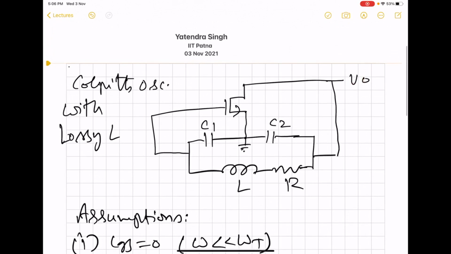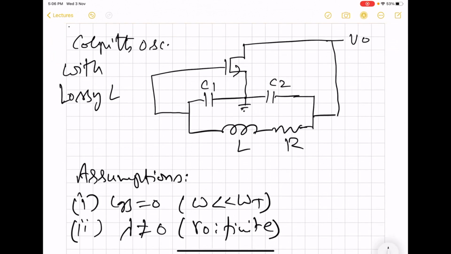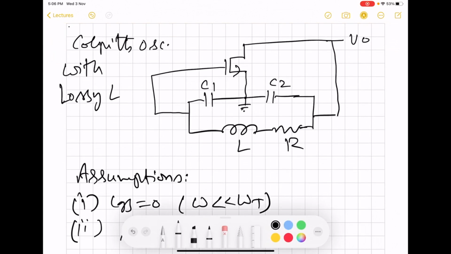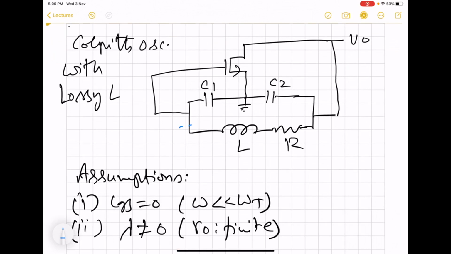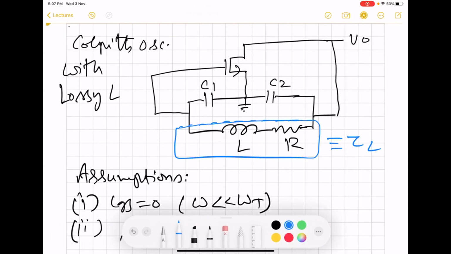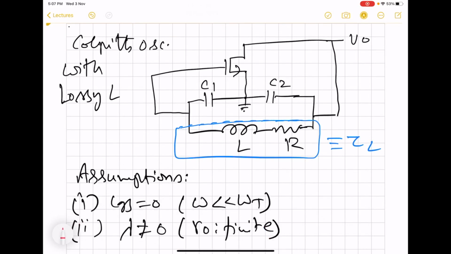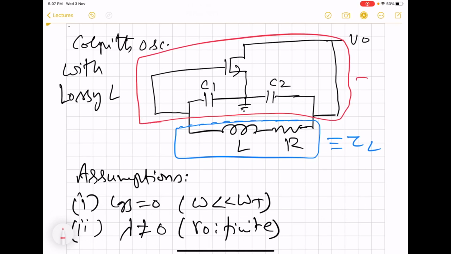So now if you look at this Colpitts oscillator, here we will label this portion as ZL, the impedance of the series inductor and R, which represents the loss of the inductor. And for Zin, we will take up the rest of the circuit. So this is going to be Zin.